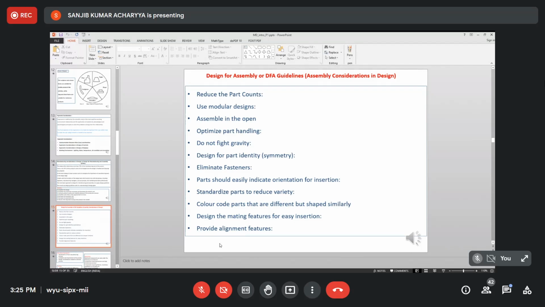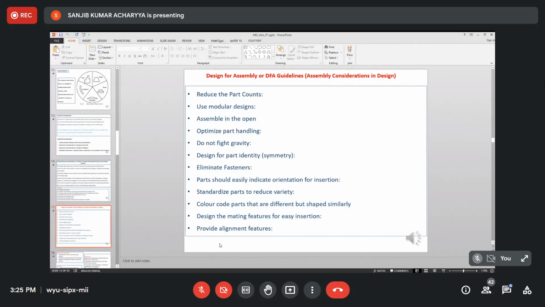Standardize parts to reduce variety. Suppose during the design, from calculation for 100 different bolts, you can get that one bolt is 15.5, another bolt is 15.7, another is 15.8, in this way. As a designer, you will suggest 16 for every bolt, whether it is 15.2 or 15.8 or 15.6, because it will reduce the variety.